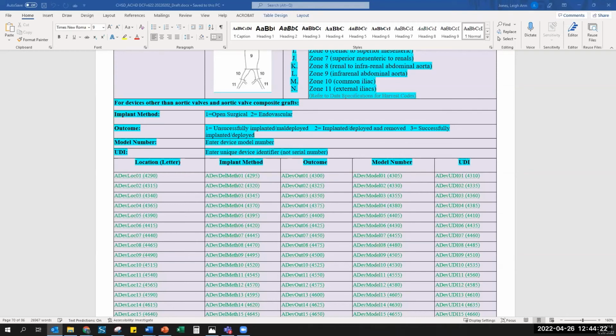You're entering the proximal site and the distal site, the same graft twice. We don't ask you to enter the middle area. Because this is zone 1 to zone 3, you don't have to enter zone 2, but you have to enter the proximal, zone 1, and the distal, zone 3.